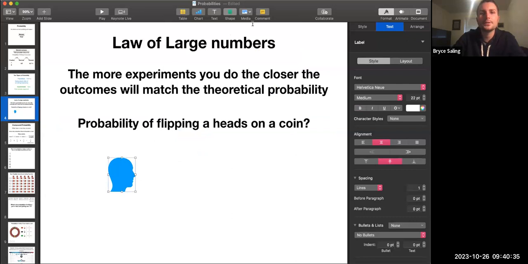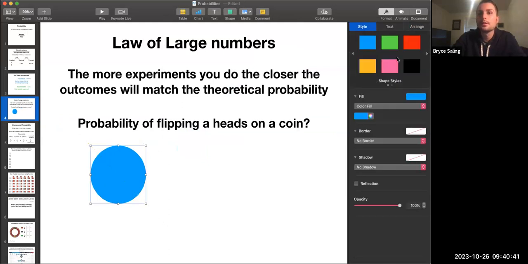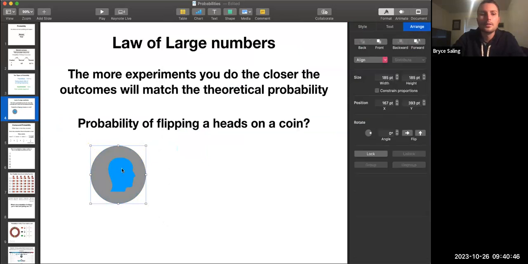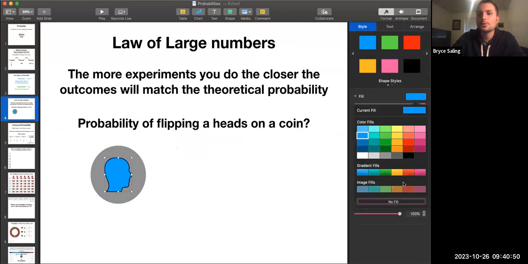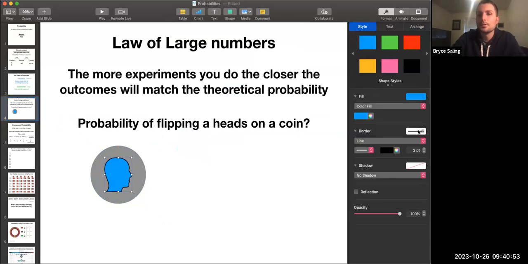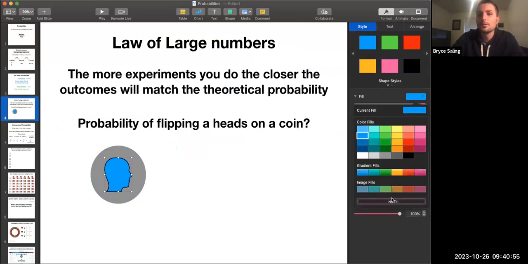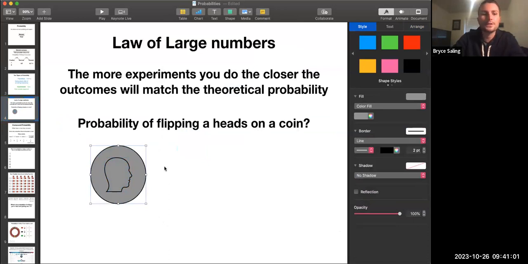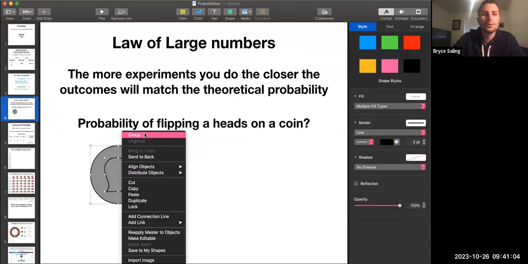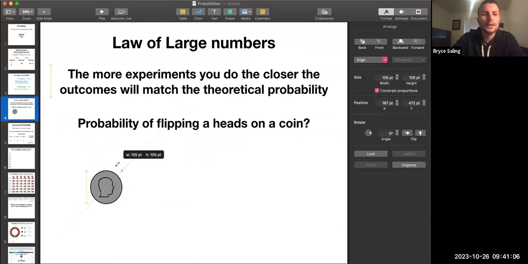We'll say this is a heads, and we'll make this no fill. Got a question here: 50-50. Yeah, you're completely right. The probability is just 50-50. So probability of flipping a heads on a coin.